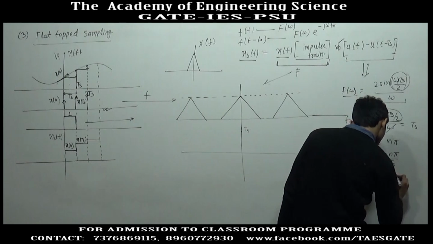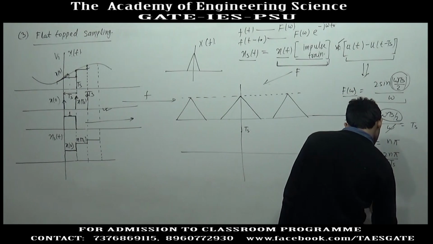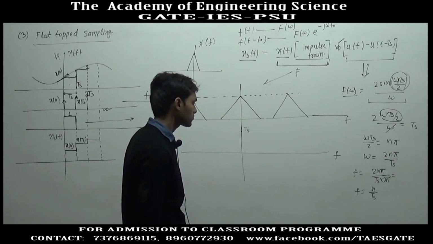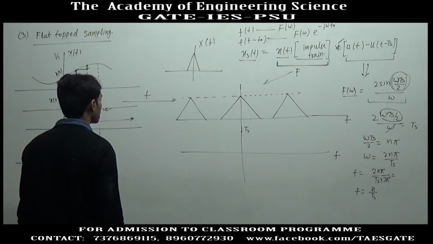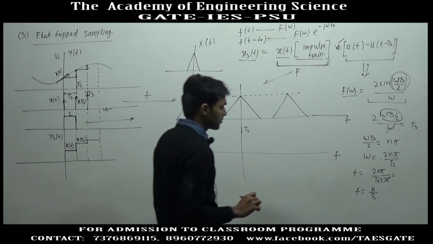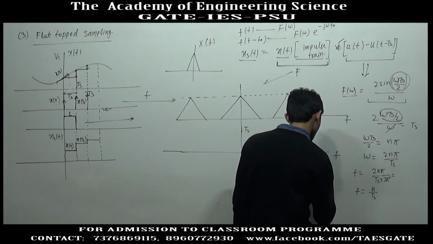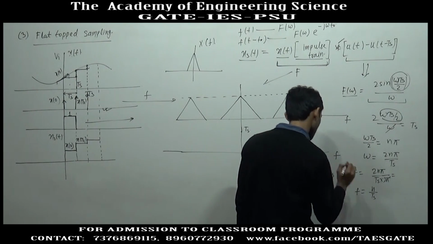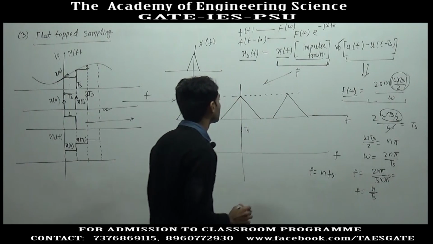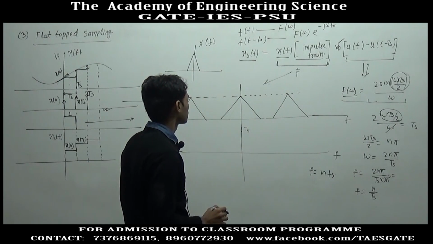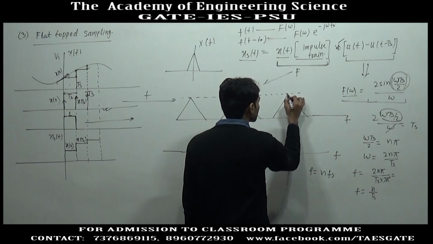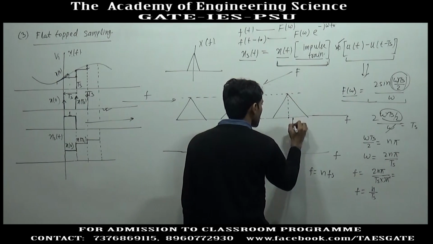So, whenever f equals n by Ts, where n is an integer, whenever frequency is an integral multiple of sampling frequency, we will get F omega as 0. And this is sampling frequency.